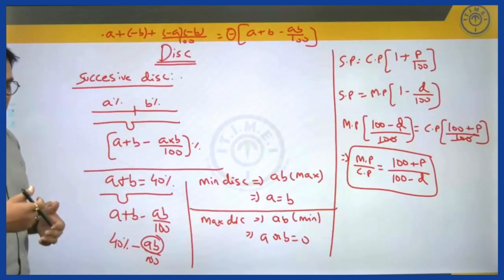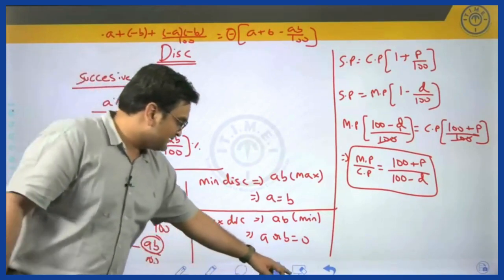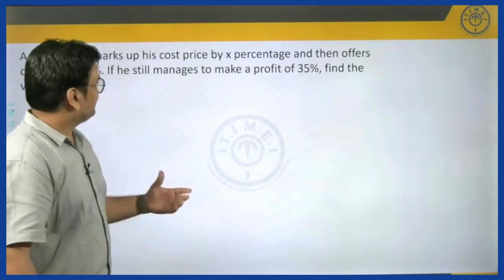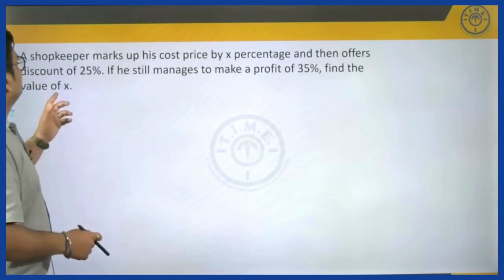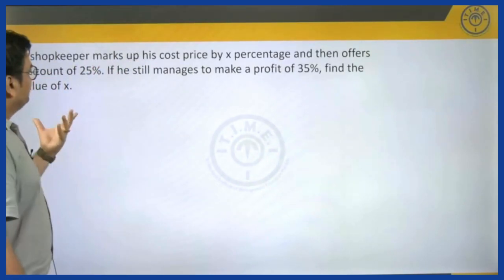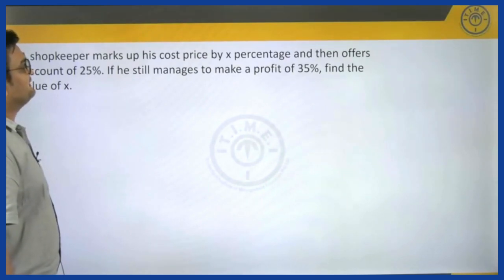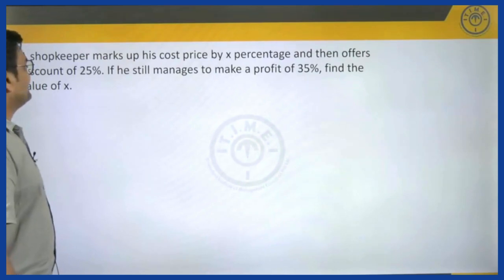Let's try to understand this more by using some examples. So for example, let's look at this question. You can pause the video, give it a try, we'll discuss it anyway. A shopkeeper marks up his cost price by X percentage and then offers discount of 25%.